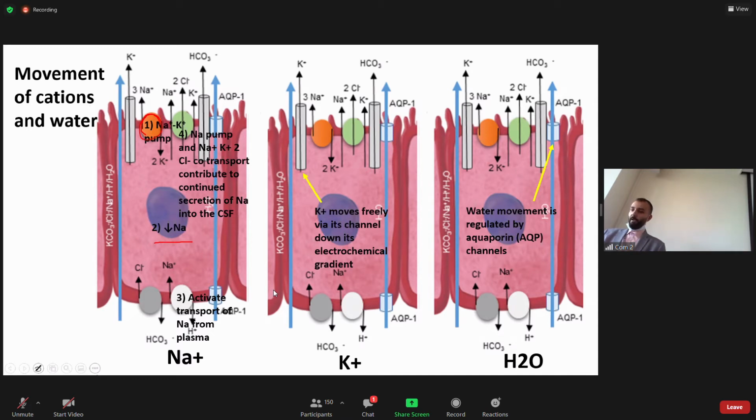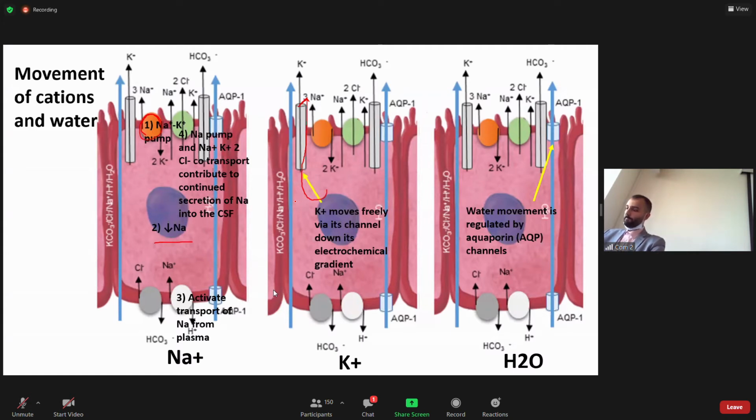Now, what about potassium? We know that we have a high concentration of potassium within the ependymal cells, and so potassium tends to move freely down its concentration gradient via a potassium channel.